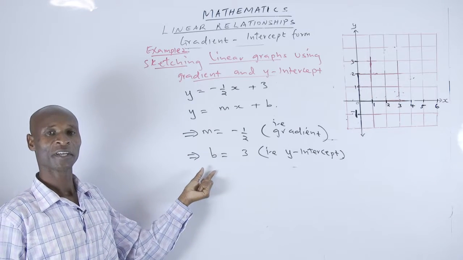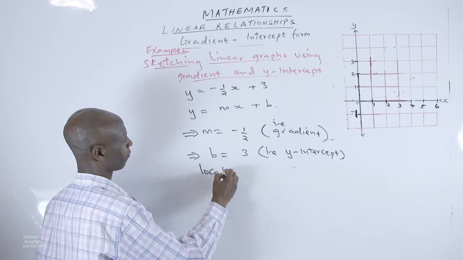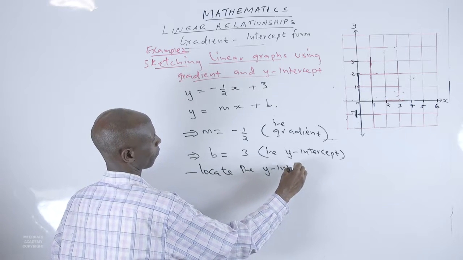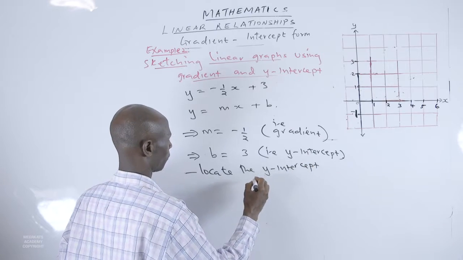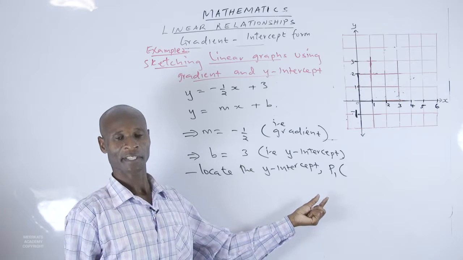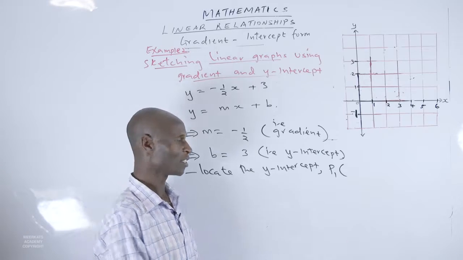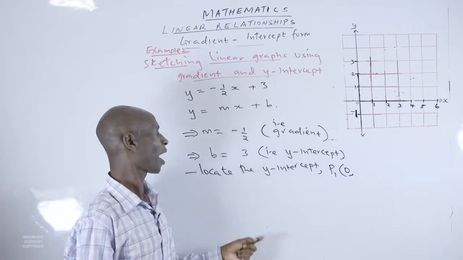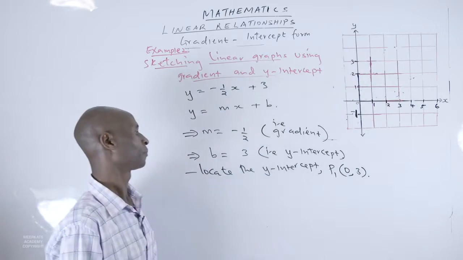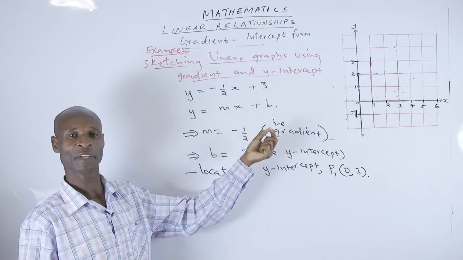At this point, we can locate the y-intercept. Because the y-intercept is a point where the graph cuts the y-axis, its x-coordinate is 0, and the y-coordinate will be 3. So from our graph, we can locate that point 0, 3.